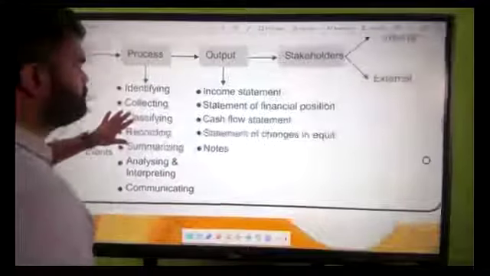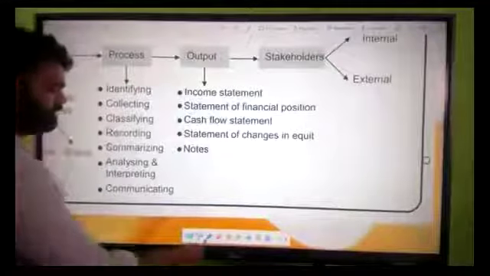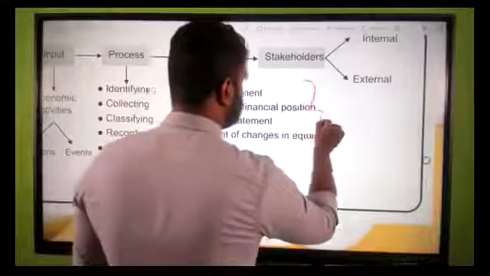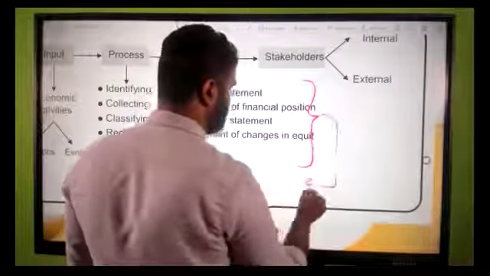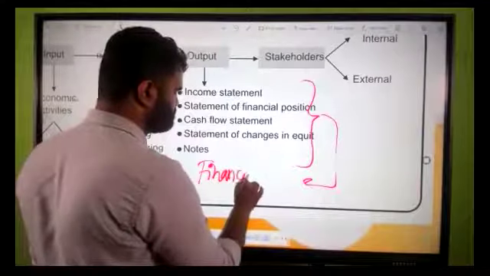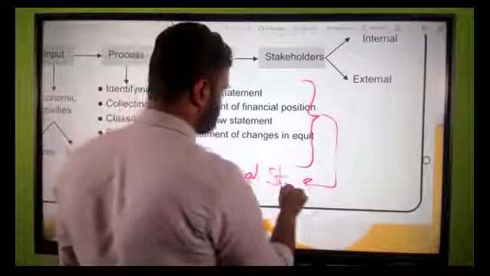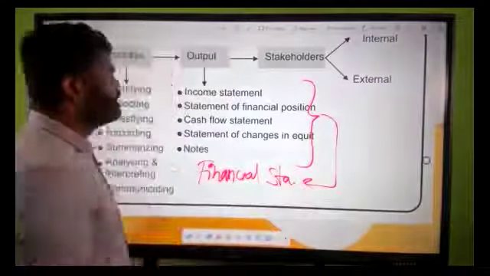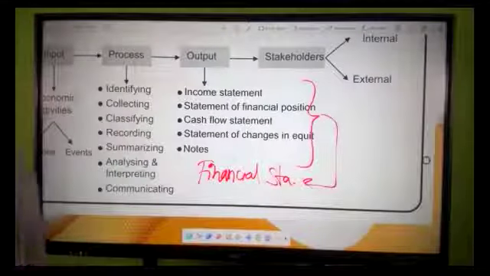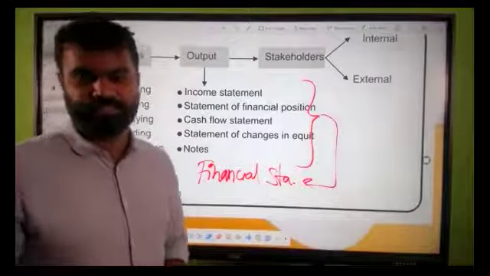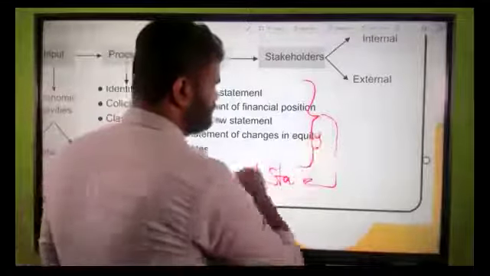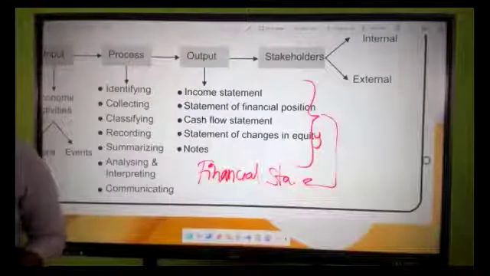The outputs of accounting we call financial statements. What are these financial statements? Income statement, statement of financial position, cash flow statement, statement of changes in equity, and notes.